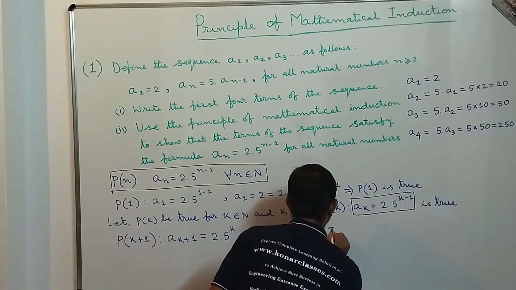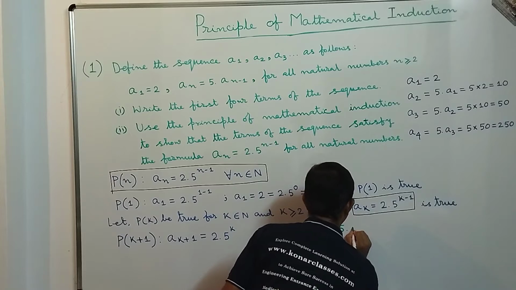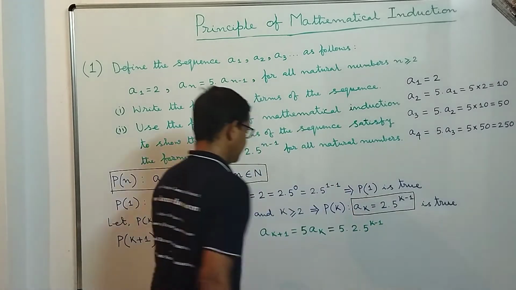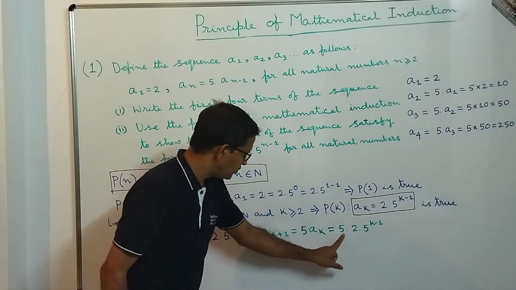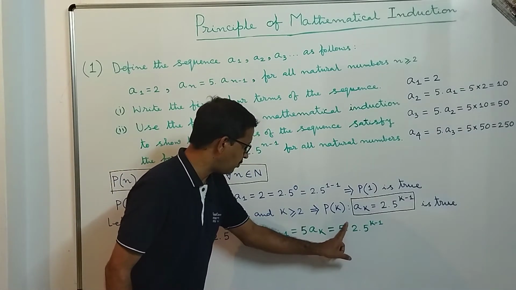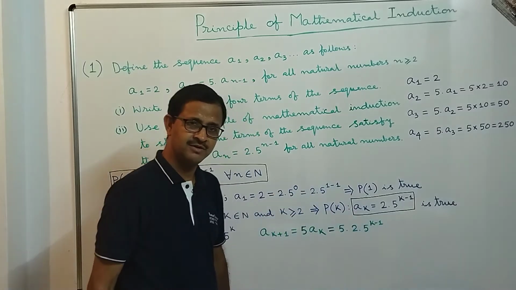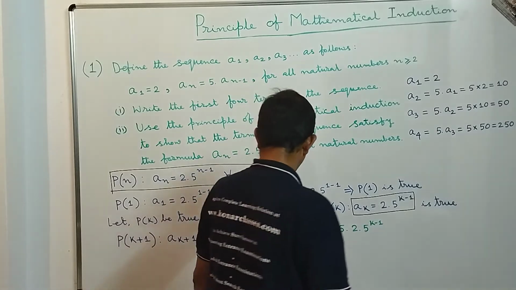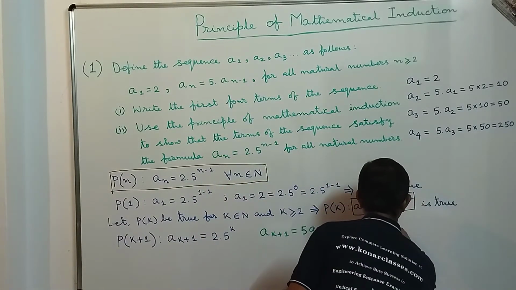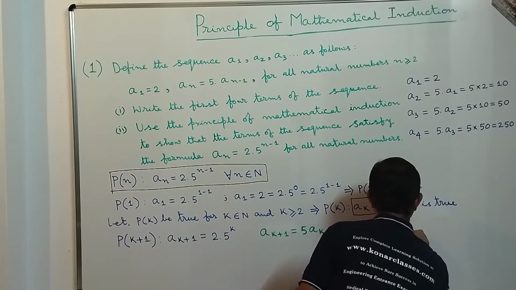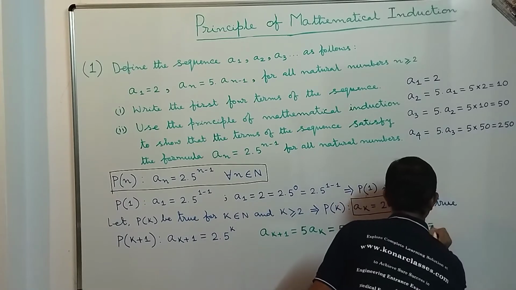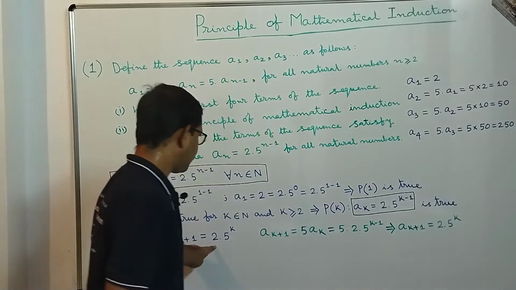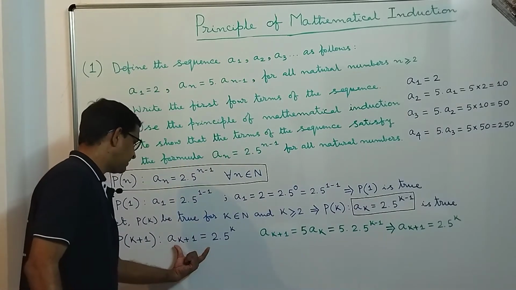So what can we write? That is equal to 5 into 2 into 5 to the power k-1. Correct? So now 2 into 5 to the power 1 into 5 to the power k-1, so we can write 2 into 5 to the power k. So that implies ak+1 is equal to 2 into 5 to the power k. And that is our mathematical statement, right?